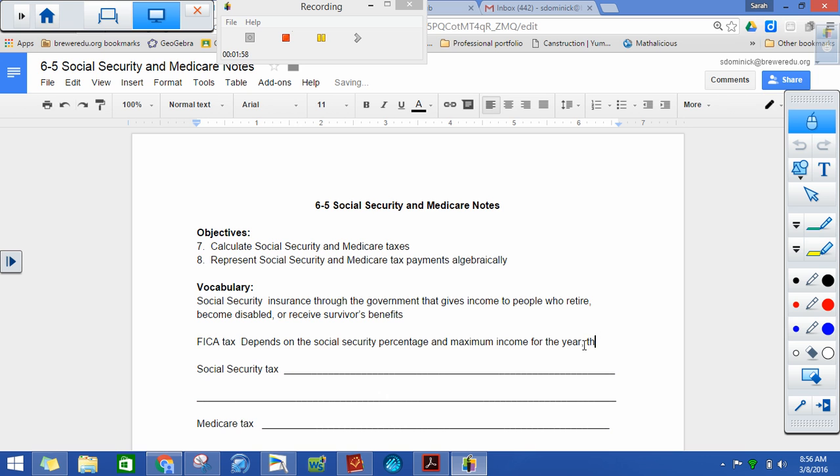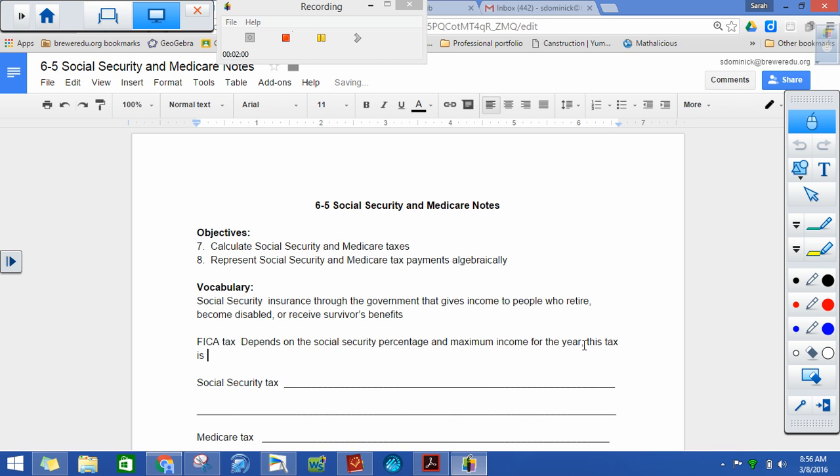Although this tax is split between the employer and the employee. So this is both your Medicare and your Social Security.